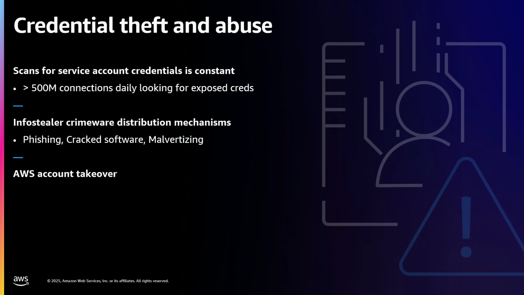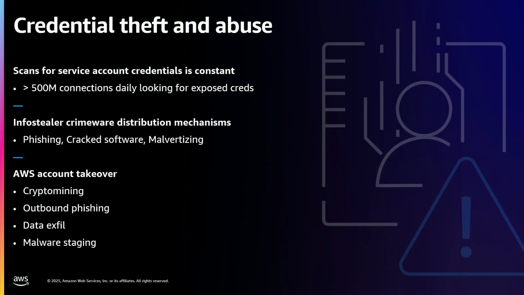So if any of these mechanisms happen to catch AWS credentials, then you're going to see the things that I was referring to on the other slide of crypto mining, outbound phishing, data exfil, malware staging, right? It's just every time threat actors get more resources in their network, they're just going to copy-paste the bad activity.